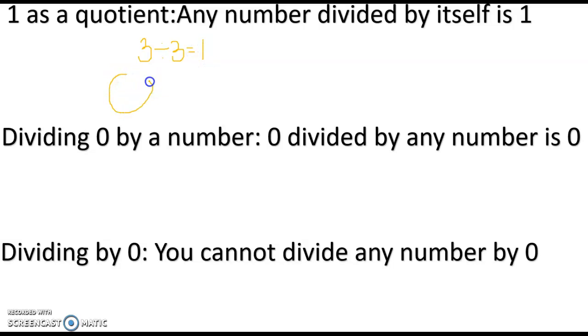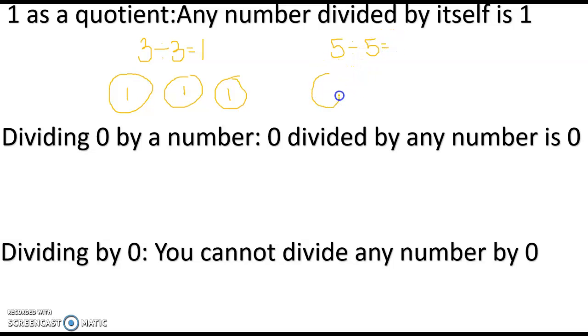We have 3 groups and we're distributing 3. 1, 2, 3. So they're each in their own group. We have 1 in each group. Same if you have the number 5. If you divide any number by itself, the answer is going to be 1.